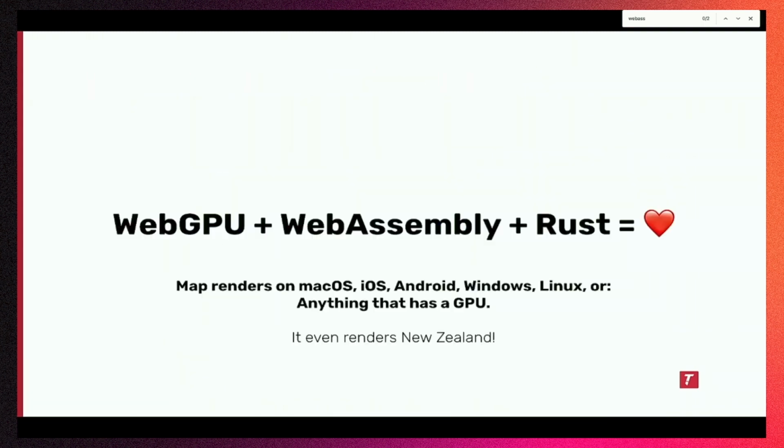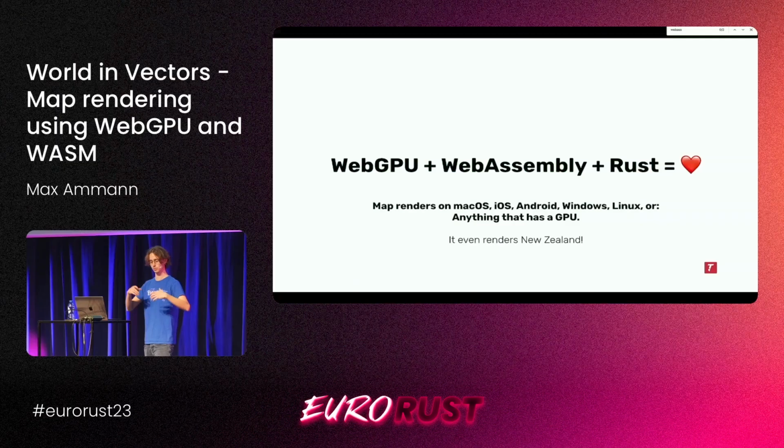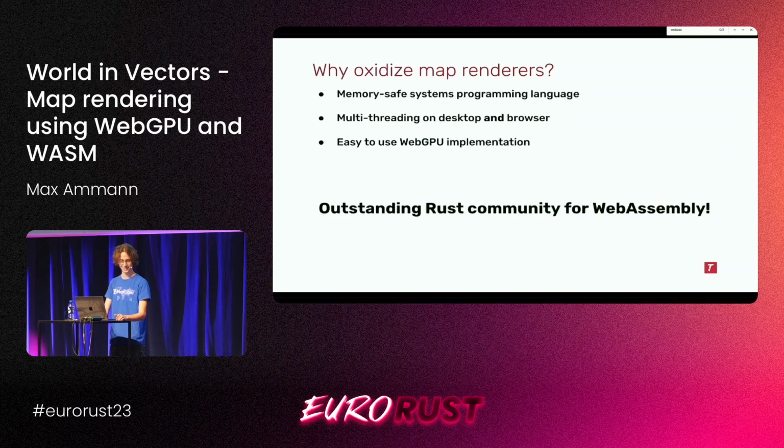In total, you could really say WebGPU, WebAssembly, and Rust is the ideal match. You reach all the platforms: macOS, Android, iOS, Linux, and so on. And with this technology stack, you can even render New Zealand.